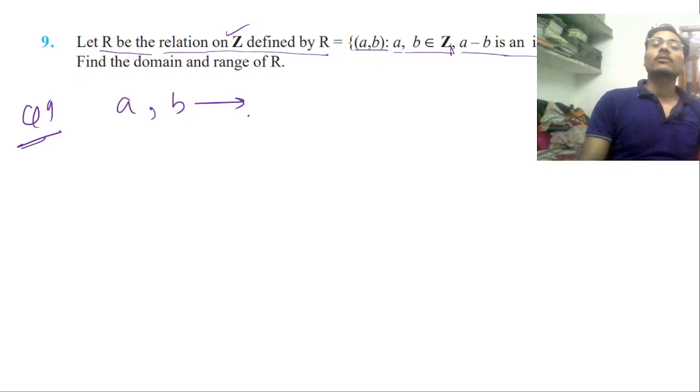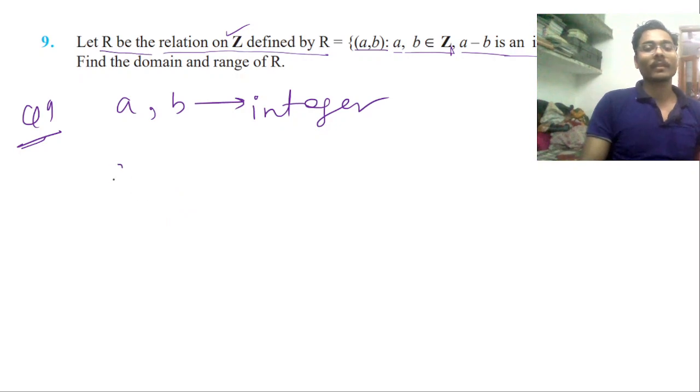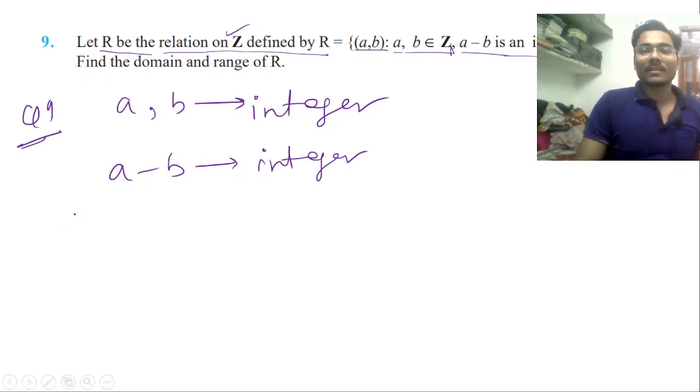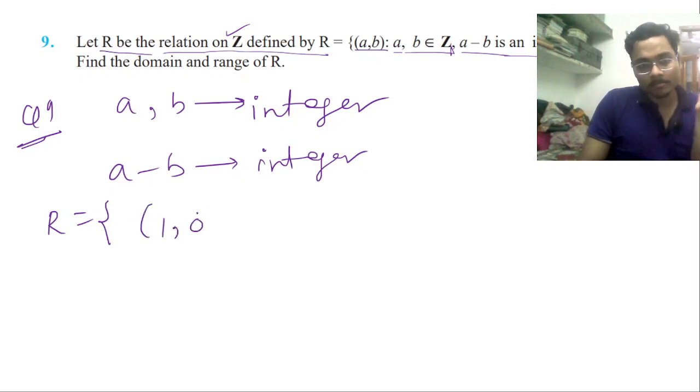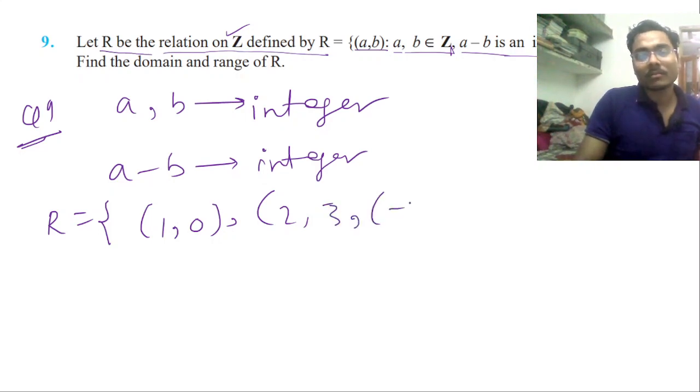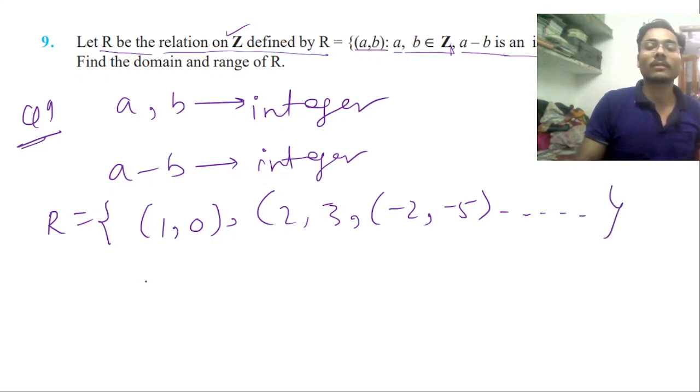So a comma b belongs to integers and if we subtract a minus b, which is also an integer, okay, so there are a lot possible. If I just try to find out, if we put 1 comma 0, so 1 comma 0 is also an integer, 2 comma 3 is also an integer, minus 2 comma minus 5 is also an integer, and a number of possible sets will become.